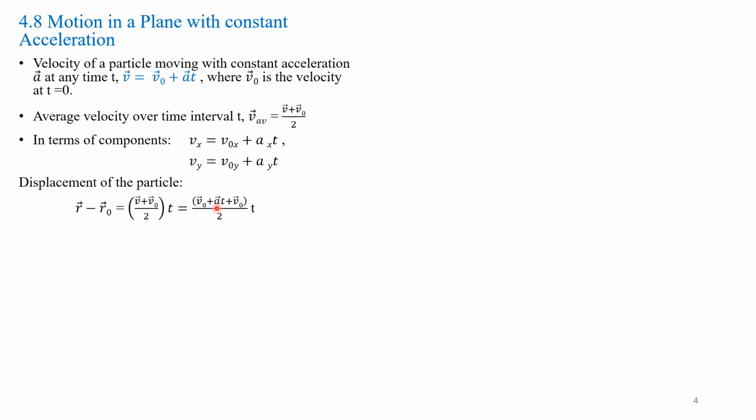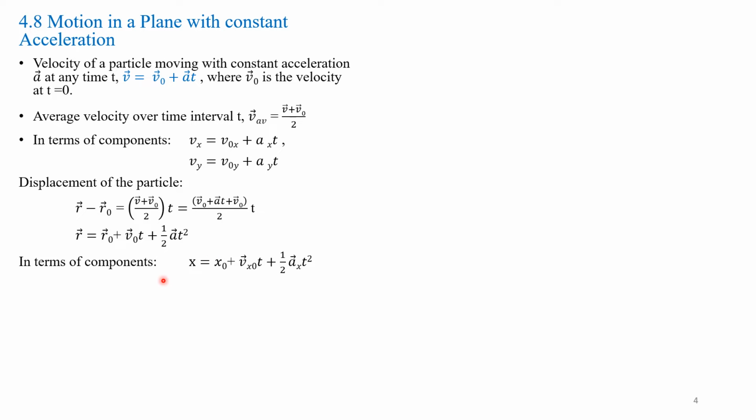So we have substituted for v, where v is equal to v naught plus at. Therefore, moving r naught to the right side, we get r equal to r naught plus v naught t plus half a t square. Simplifying, we get this relation.